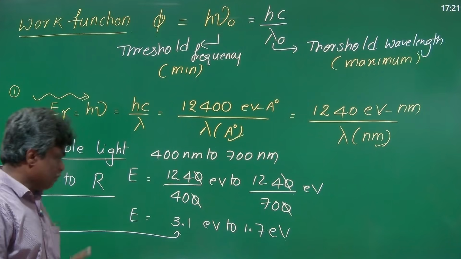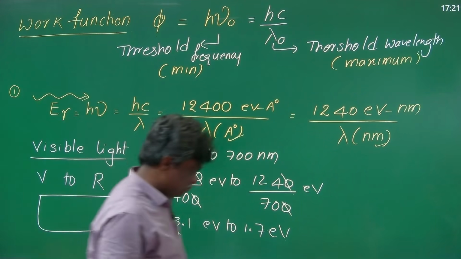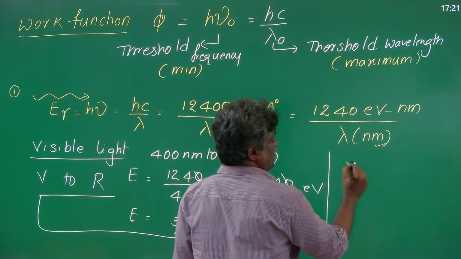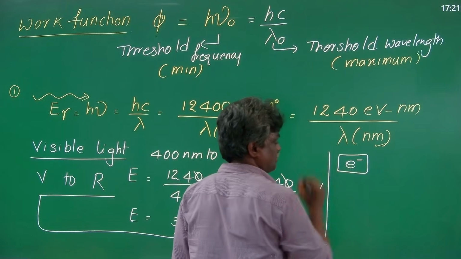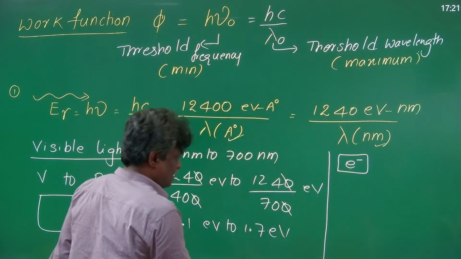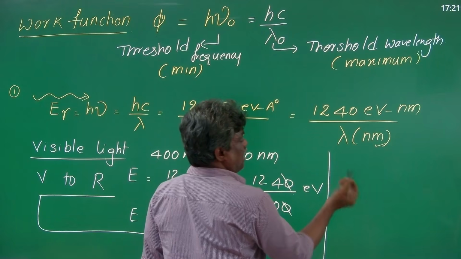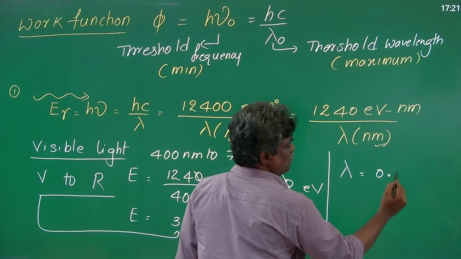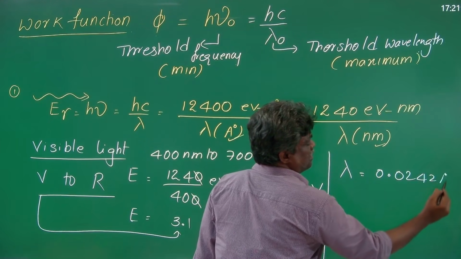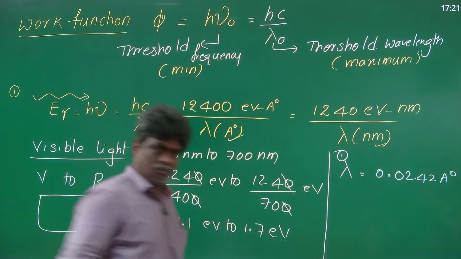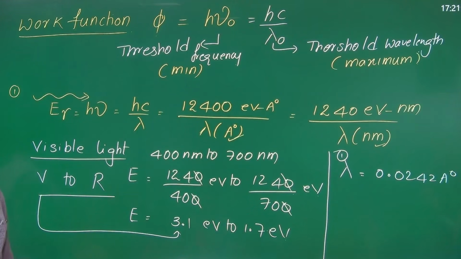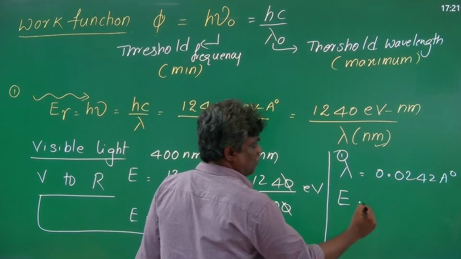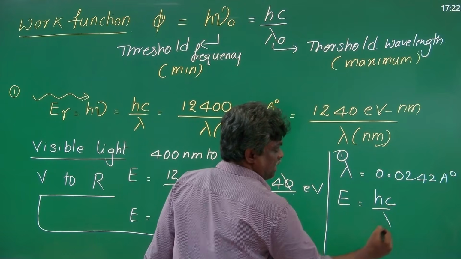Now one more thing I want to ask. I'm taking lambda as 0.0242 angstroms. If I want to find the energy, what do I have to do? hc by lambda.